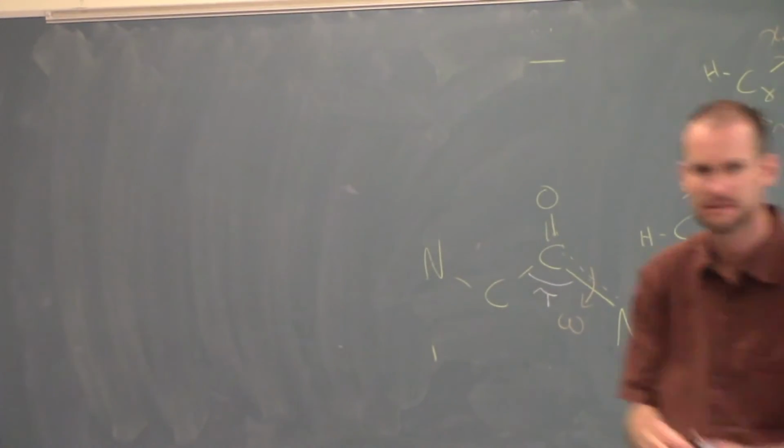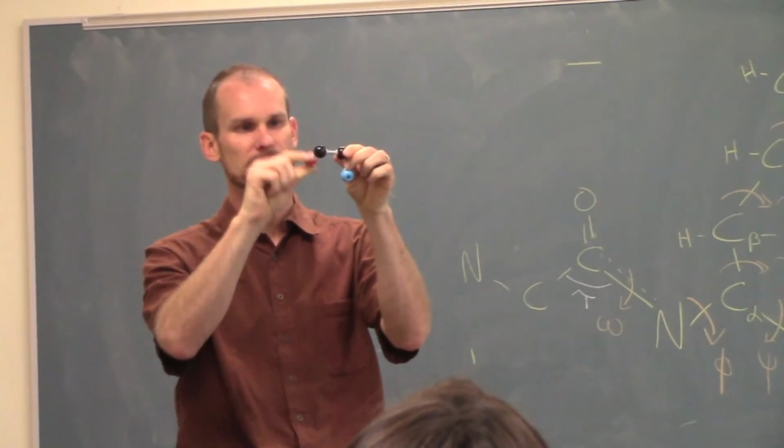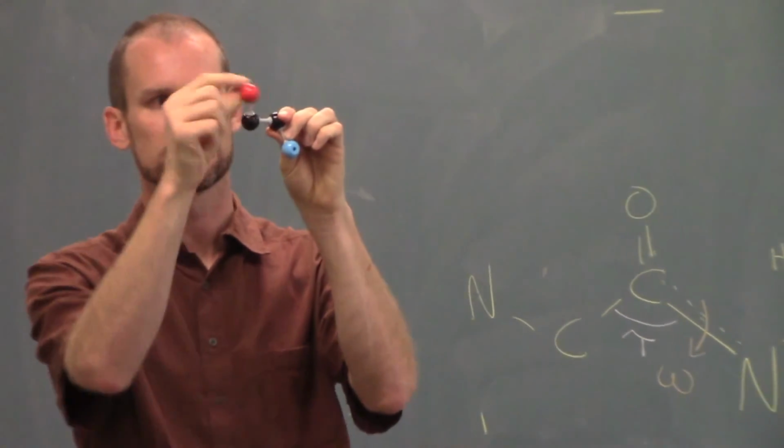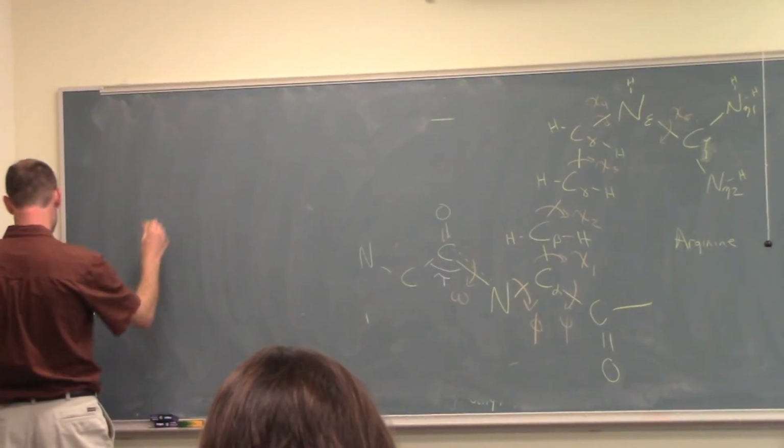All right, so these phi and psi are torsion angles. If we take 4 atoms, we're looking at this bond. The torsion angle is where we spin around the bond. So that's the angle we're looking at. Let me draw this peptide bond again.